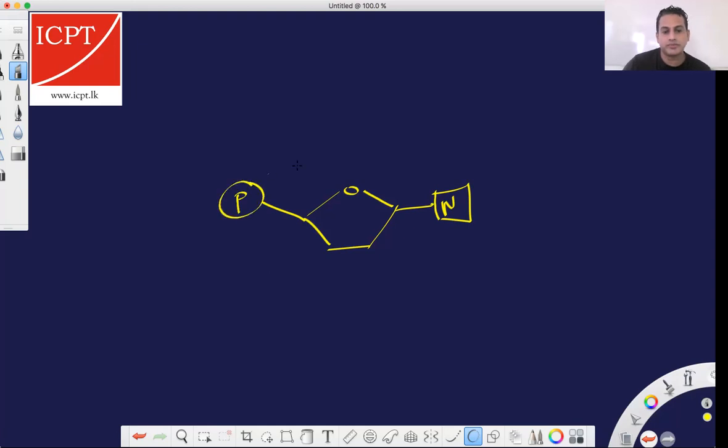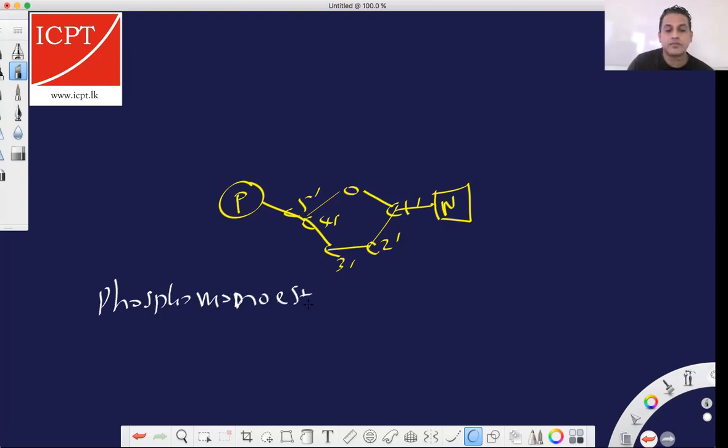The phosphate makes a bond with the pentose sugar. So we know this position is carbon 1, carbon 2, carbon 3, carbon 4, carbon 5, and 1 prime, 2 prime, 3 prime, 4 prime, 5 prime positions of the pentose sugar. And this bond is called phosphomonoester. This is the phosphomonoester bond.